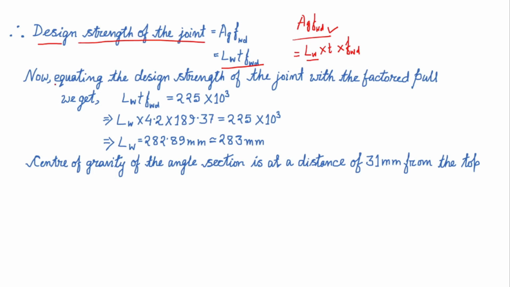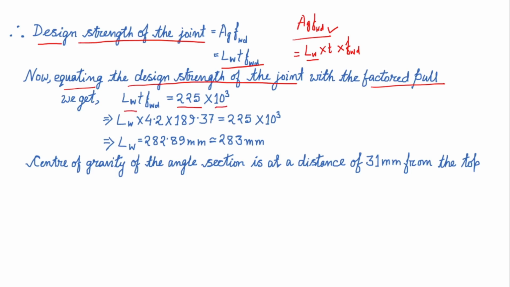Now equating the design strength of the joint with the factored pull. The factored pull for each angle is 225 kilonewton. I have converted it into Newton by multiplying by 10 cube.